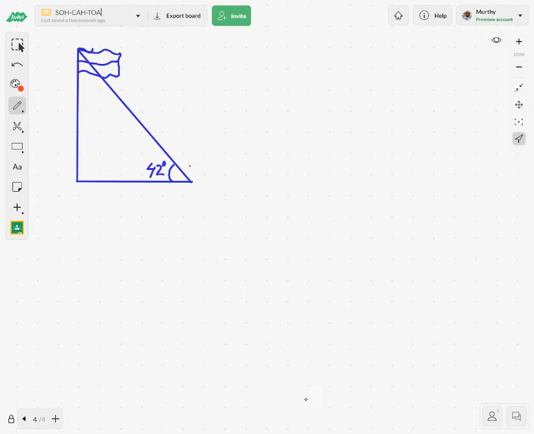A person is standing here, and he found that the angle of elevation is 42 degrees, and the length of the shadow is 35 feet, and what is the height of the flag post?